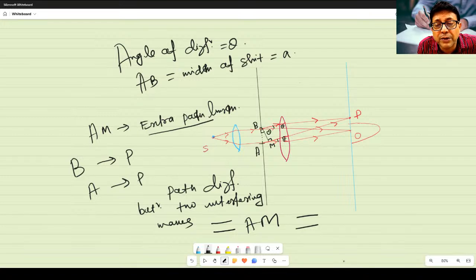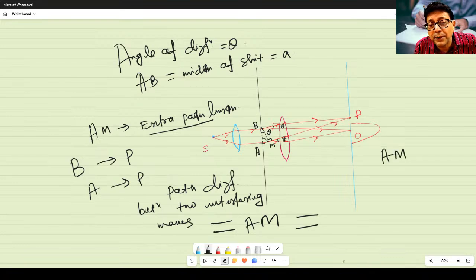From B we have drawn the perpendicular, this angle is 90 minus theta, so this is theta. So what do you observe? AM by BM, sorry. Check once. This is 90 degree, which means AB is the hypotenuse.